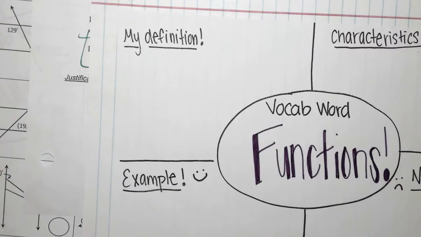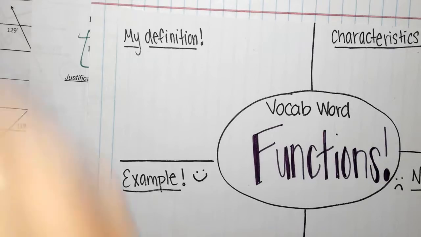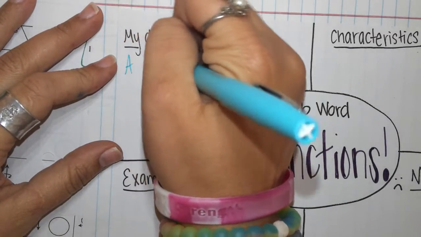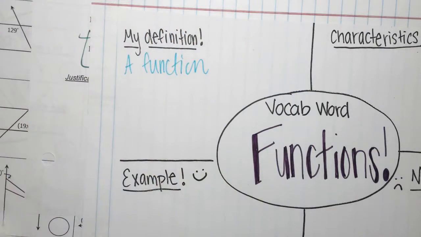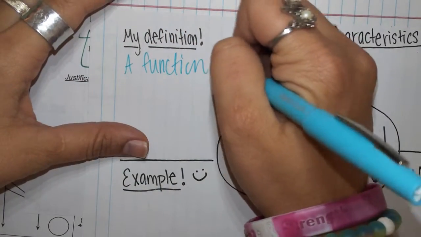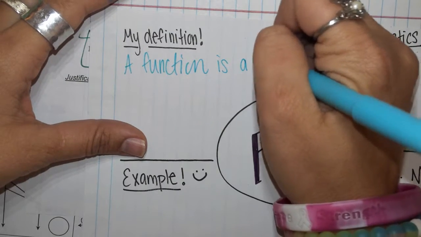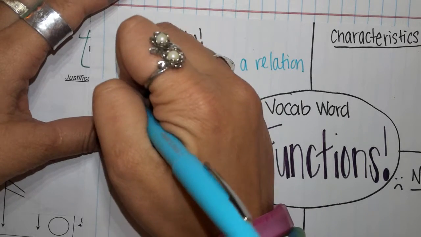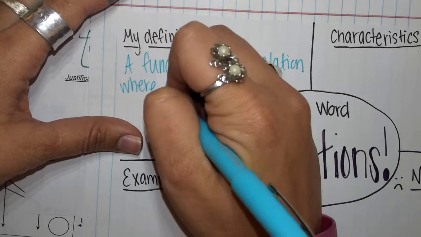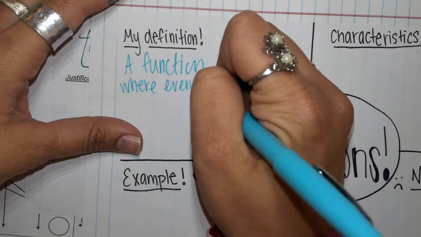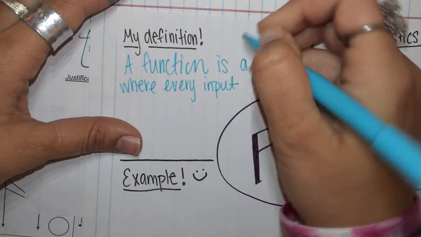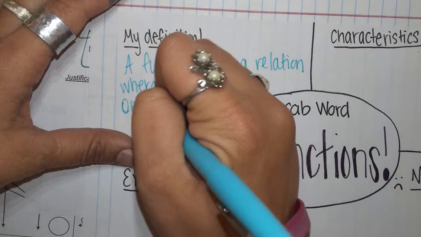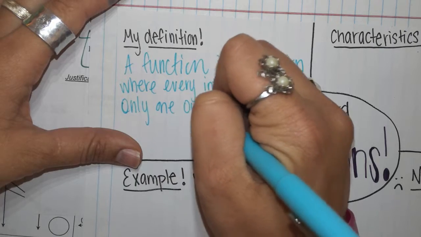A function, we're going to start by defining it. So, a function is a relation where every input has only one output.